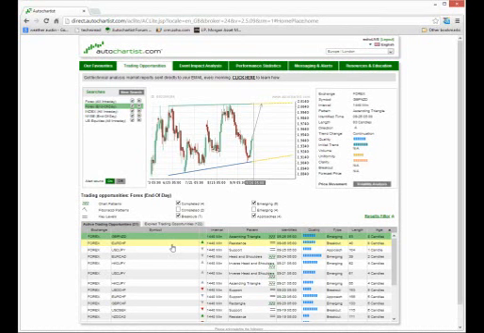Now, you're probably wondering at this stage, why am I so focused on horizontal support and resistance? Why am I not talking about trending support and resistance? It's a very interesting question. We actually have empirical evidence, but let me talk about the non-empirical evidence first.